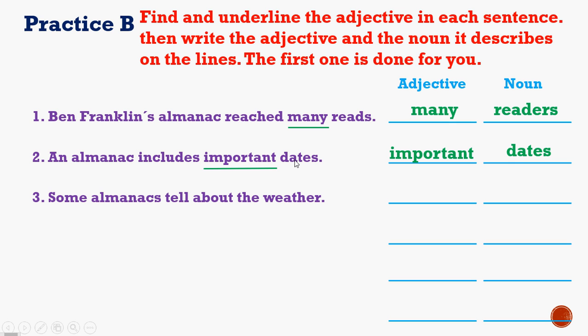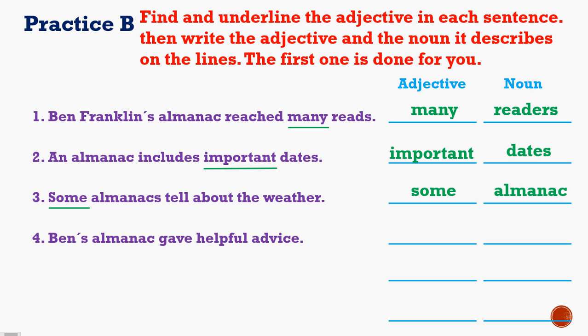Number 3. Some almanacs tell about the weather. The adjective over here it's some. And the noun it's almanacs. Good job. Number 4. Ben's almanac gave helpful advice. The adjective over here it's, good job, helpful.